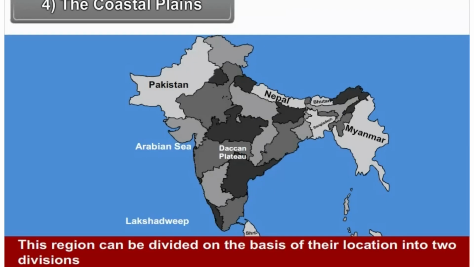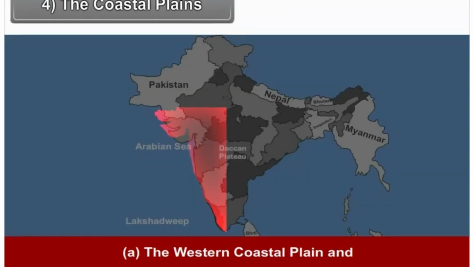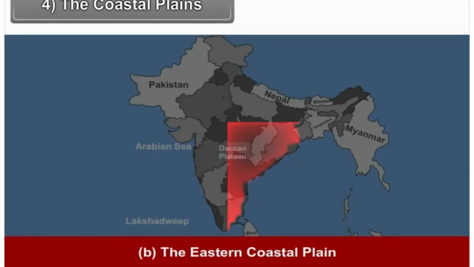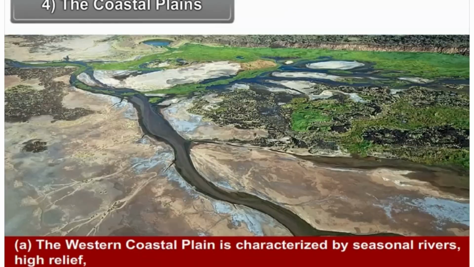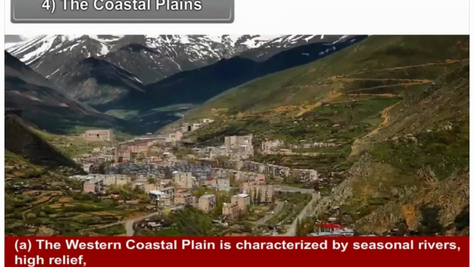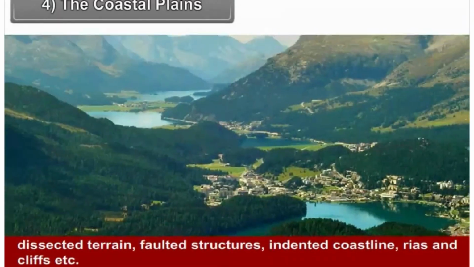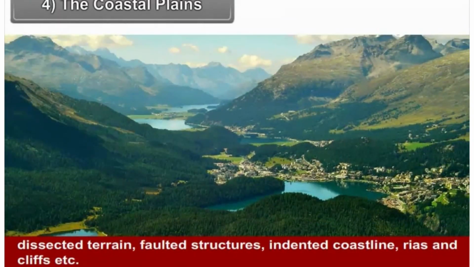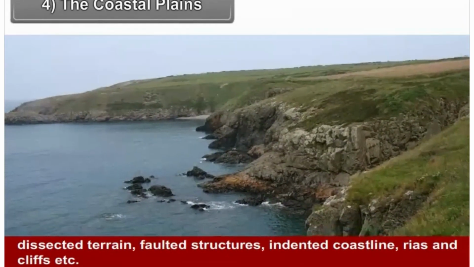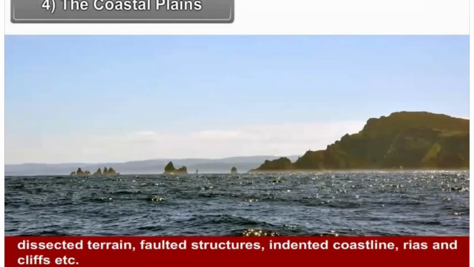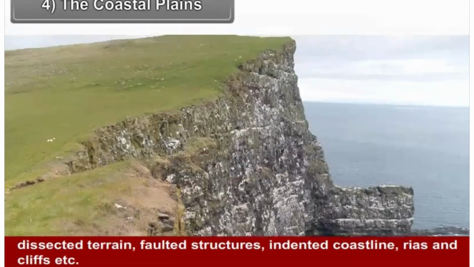4. The coastal plains. This region can be divided on the basis of their location into two divisions: the western coastal plain and the eastern coastal plain. The western coastal plain is characterized by seasonal rivers, high relief, dissected terrain, faulted structures, indented coastline, rias, and cliffs.